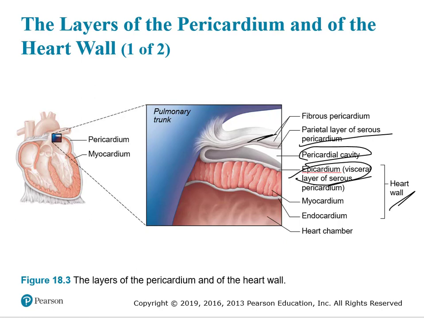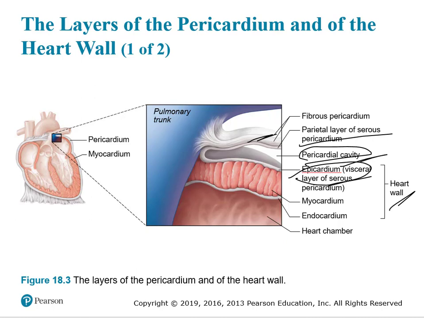So it stays put. The epicardium, on the other hand, is adhered to the heart wall itself, so it moves with the heart. Having one layer not moving and the other moving will create friction. That's why you have the pericardial cavity with the pericardial fluid in between.